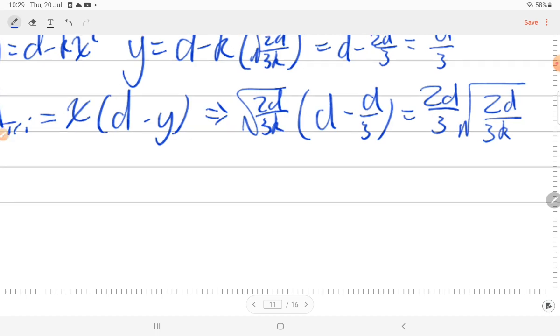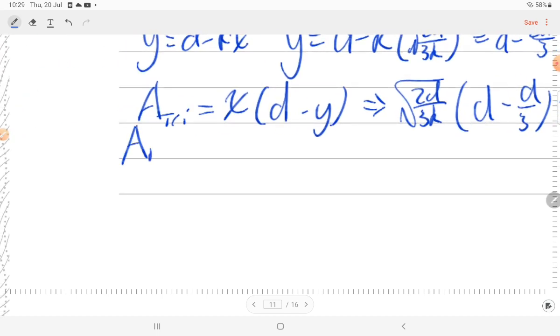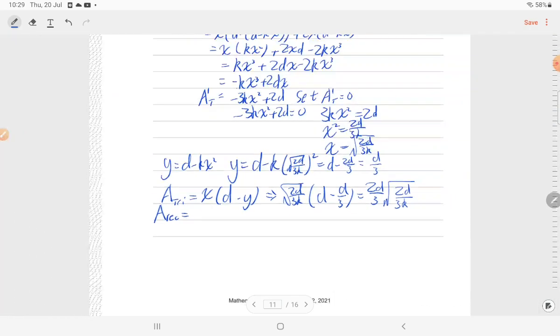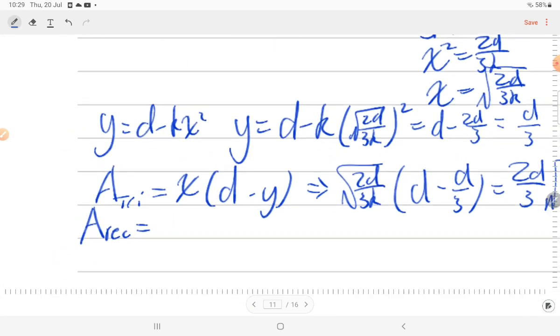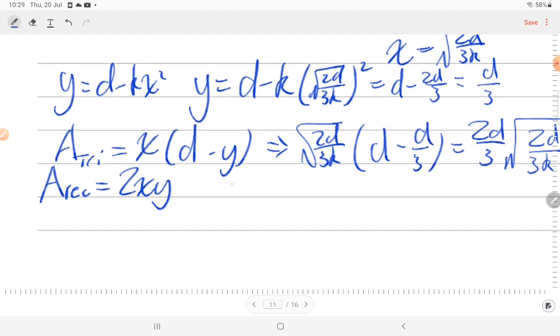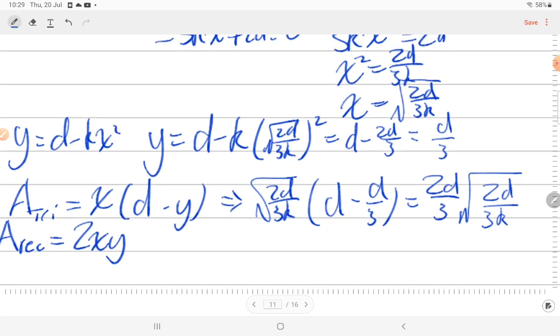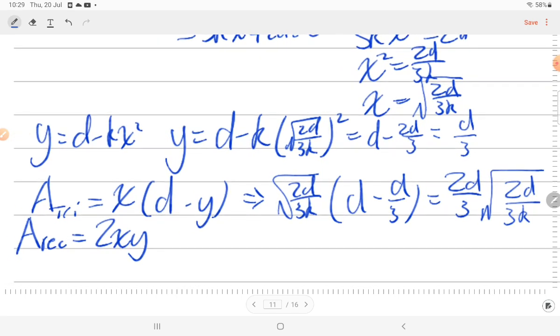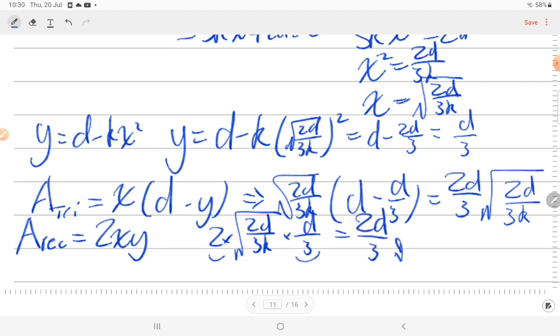Let's see. Area of rectangle is equal to 2xy, so 2 times square root of 2d over 3k times d over 3. We can bring this d over 3 out, which is equal to 2d over 3 times square root of 2d over 3k.